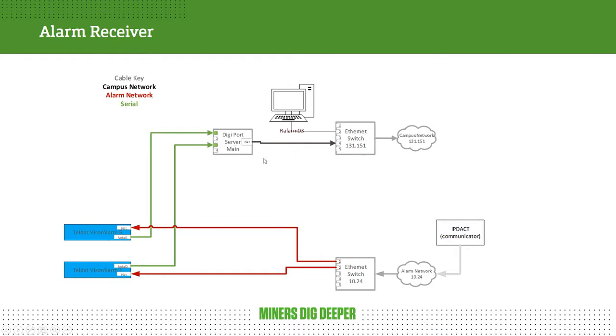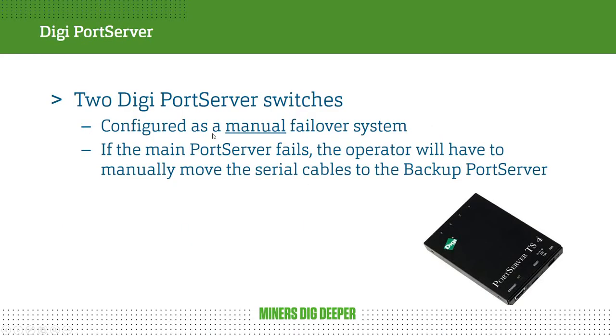Okay, so we're going to talk about these now. The Digiport servers, they are switches. They're configured as a manual failover system. So if the main port server fails, then the operator will actually have to manually move the serial cables to the backup port server. What it does, as you can see from this picture, is there are 4 serial port inputs and then there is an Ethernet connection.